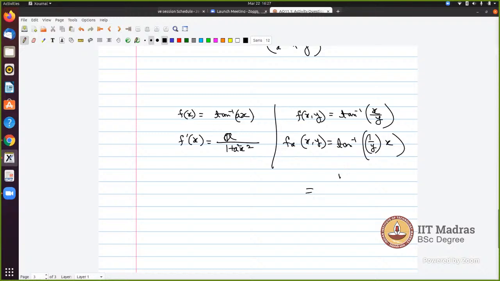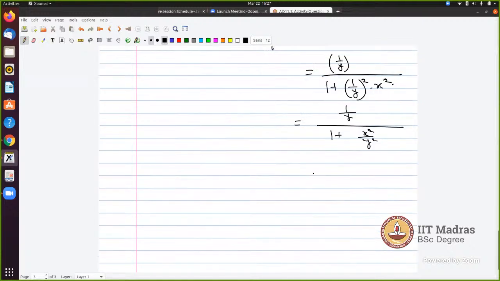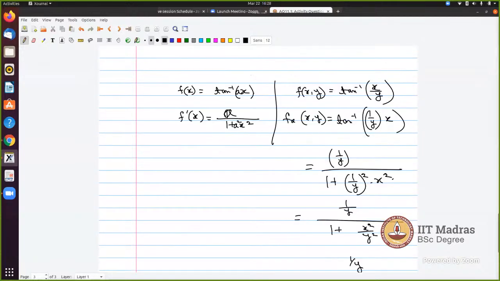So what it should be? 1 by y upon 1 plus 1 by y square, x square, correct? Now can you simplify it? So this is 1 by y square plus x square by y square. So y square will go, so y upon y square plus x square. Okay. So similarly, you can do the other partial derivative. Okay, is that clear? Yes. Great.